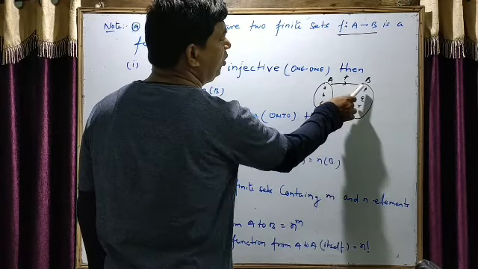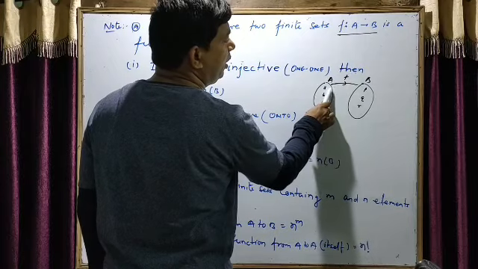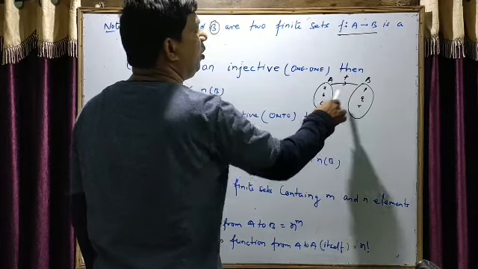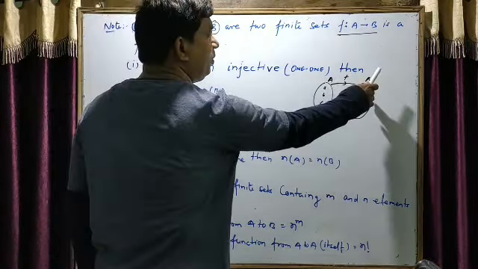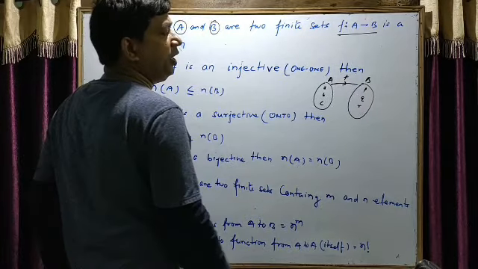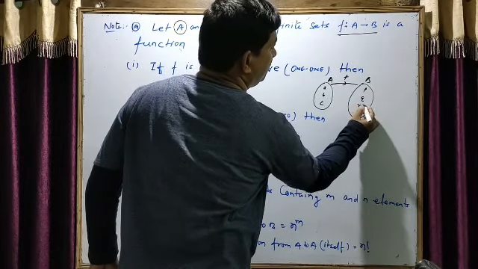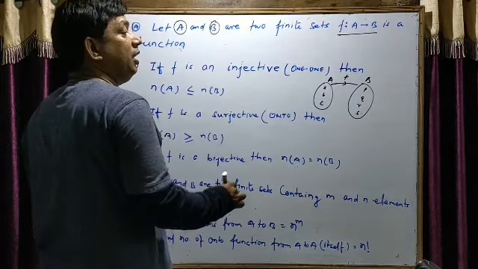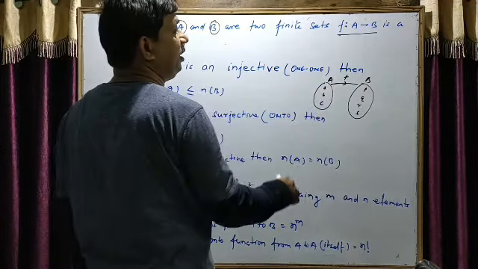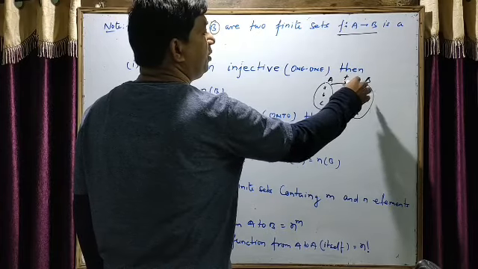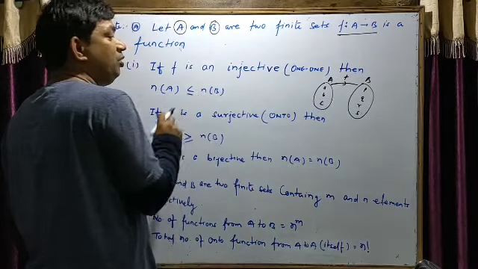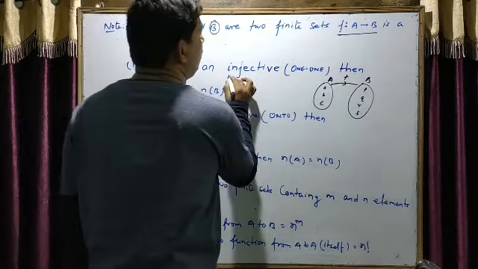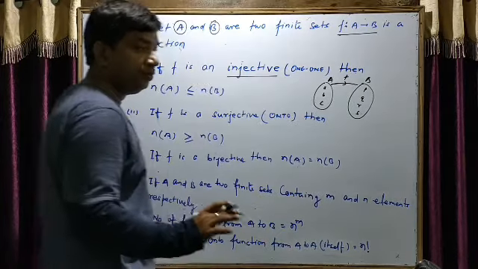Because A is related to P, either A related to Q or A related to R. Similarly, all are related to each one of the elements. One-to-one correspondence is there. So if all the elements are present in this set and the number of elements in this set is less or equal, then it is always one-one or injective function.